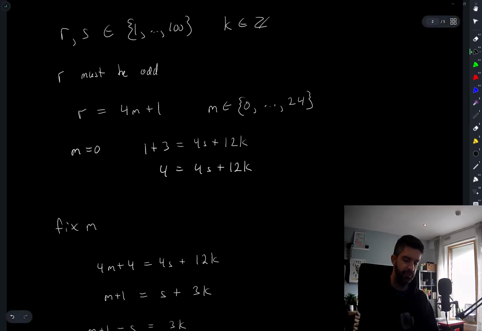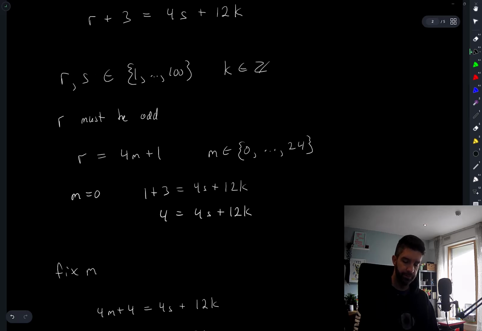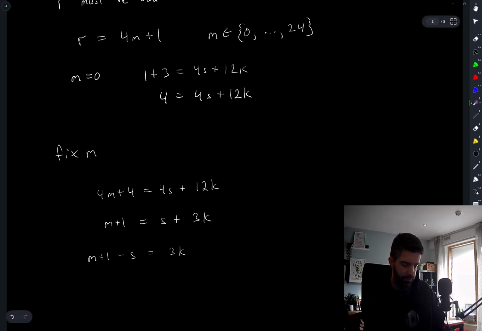Yeah, so M has to be between 0 and 24. That restricts R to be between 1 and 100. For a fixed value of M, we need this to be true. And S is also from 1 to 100.